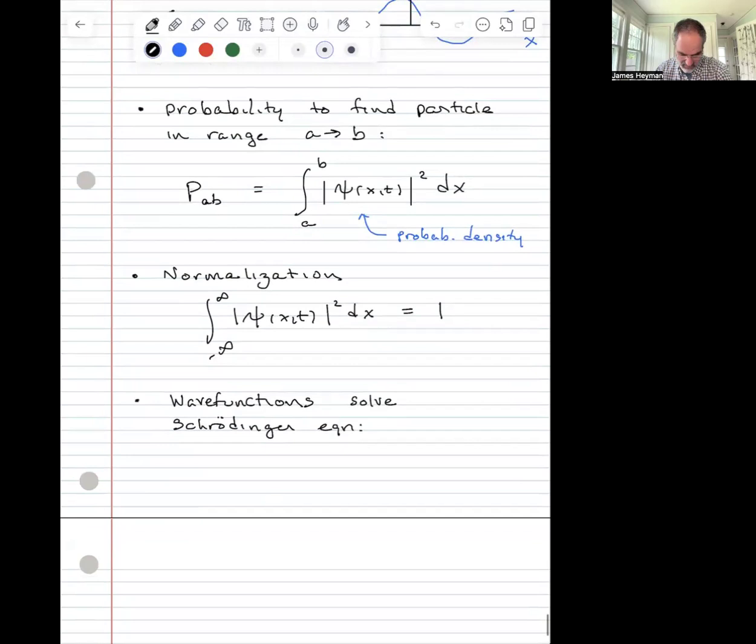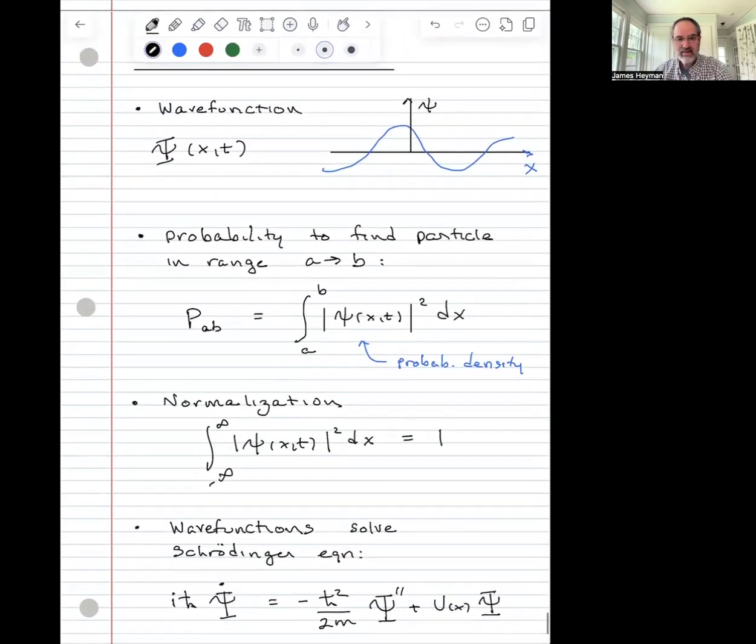Which here we can write as i h bar times the rate of change of the wave function with respect to time is equal to minus h bar squared over 2m times the second derivative of the wave function with respect to position plus the potential energy times the wave function again. Okay? So that's where we start out.